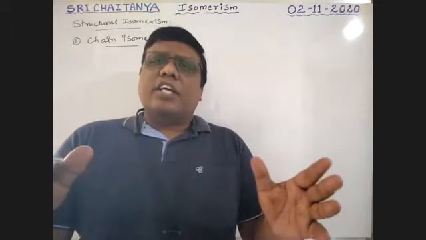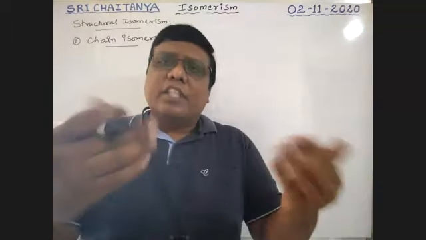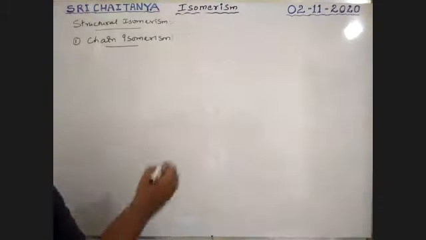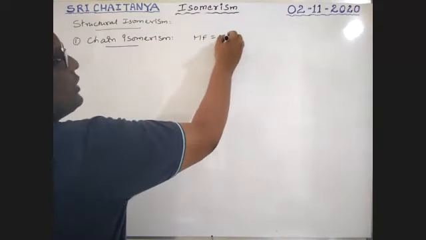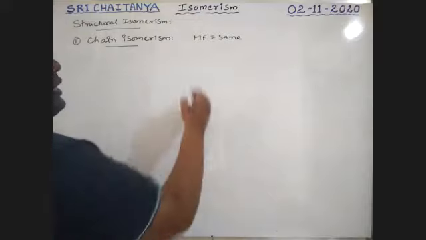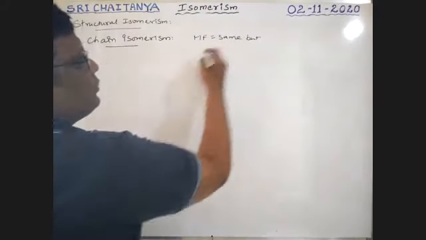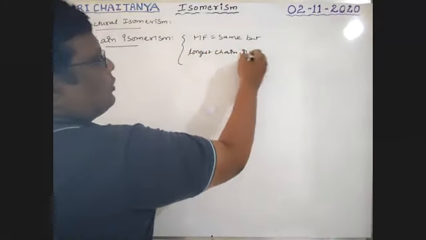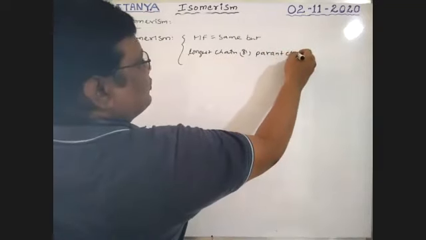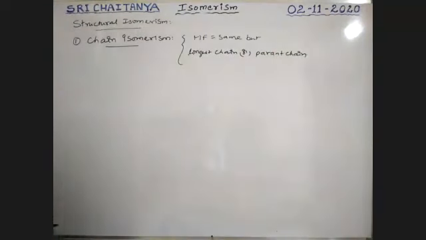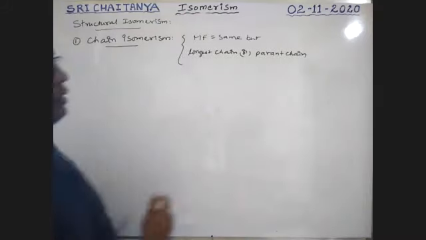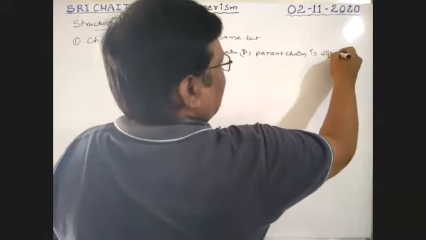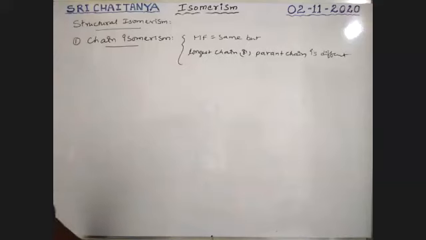The longest chain, nothing but the parent chain, is different for different compounds having the same molecular formula. So first condition, molecular formula same, but longest chain or parent chain is different.